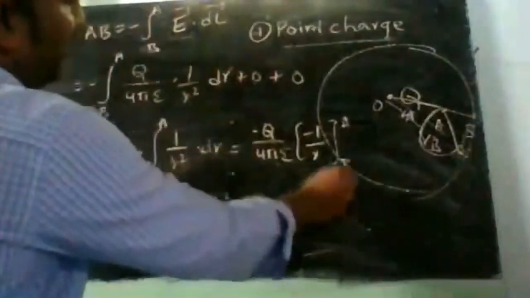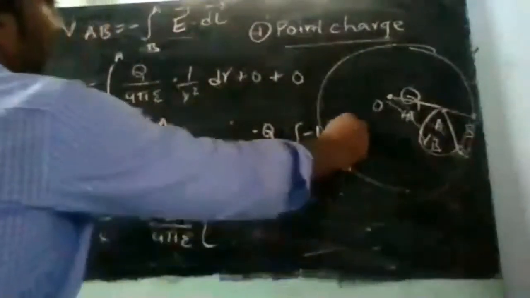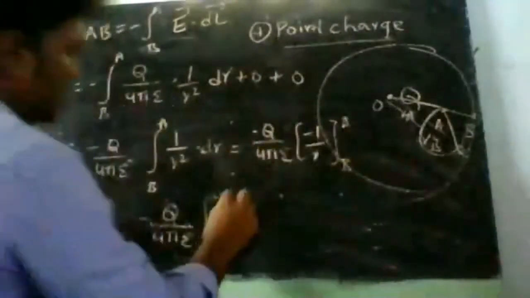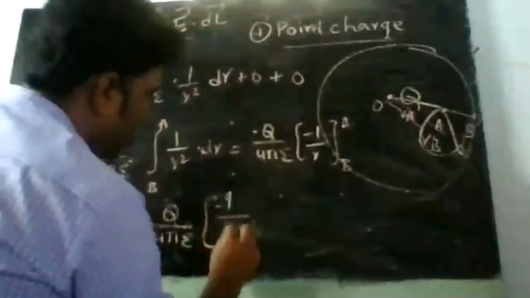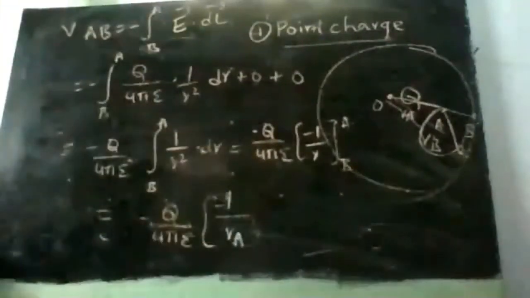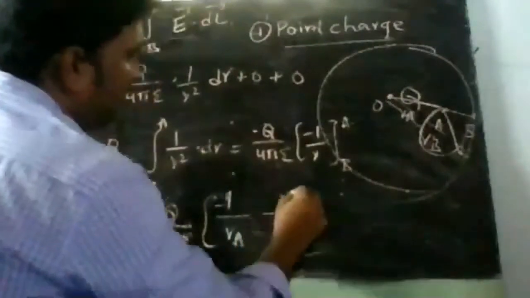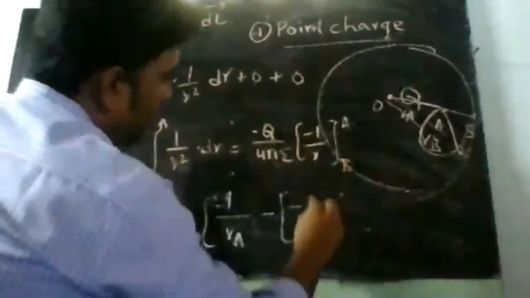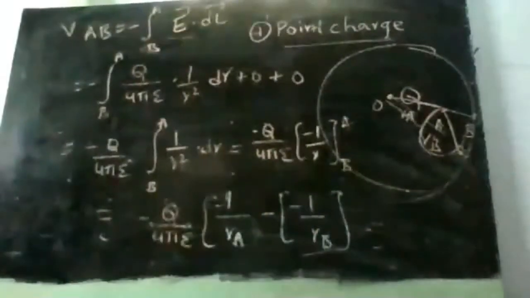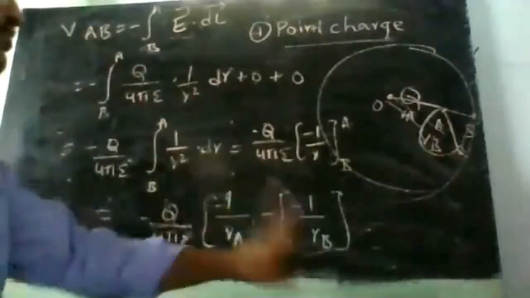The limits are from B to A. So first the upper limit is A. What is R at A? RA. So this is minus 1 by RA. Clear? And next, minus of minus, and the distance is RB. So minus 1 by RA minus 1 by RB.